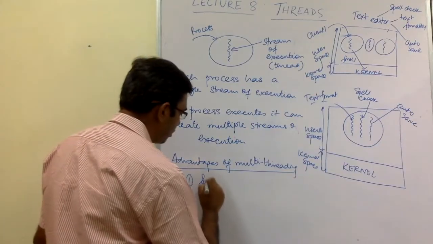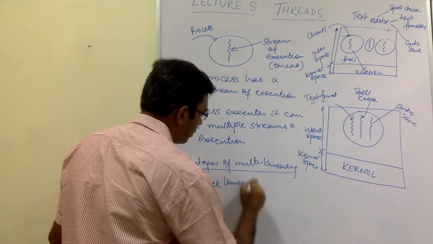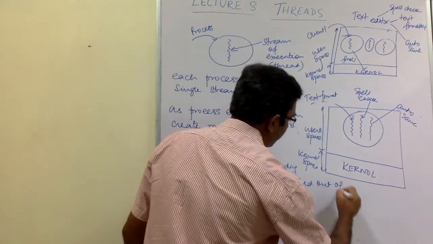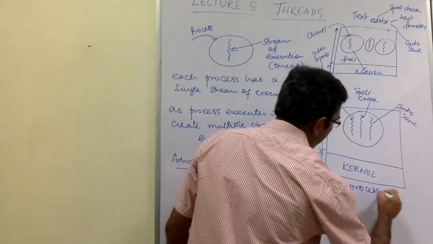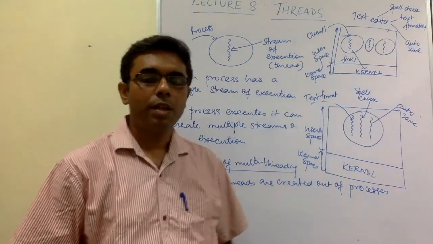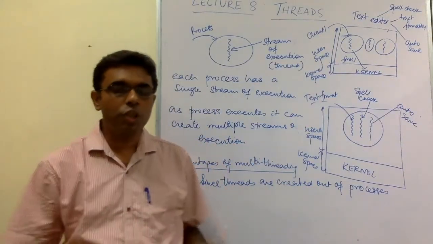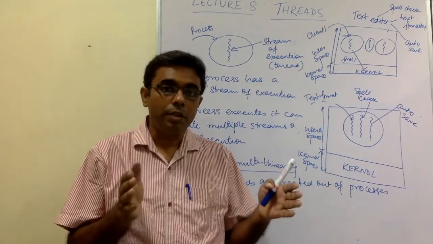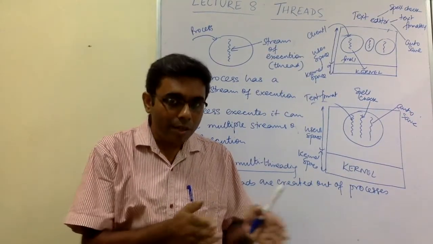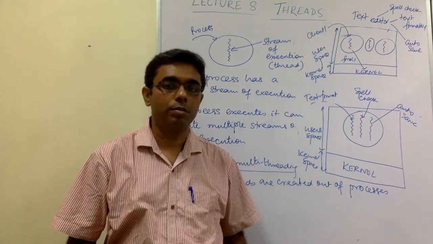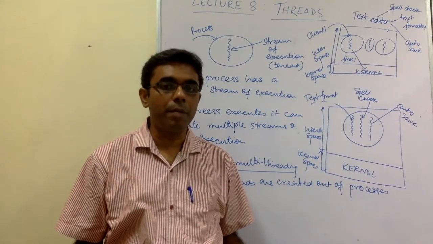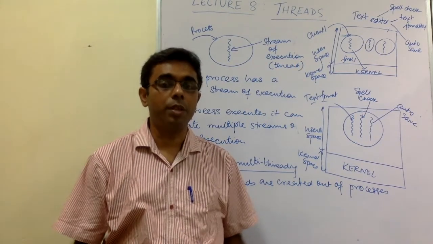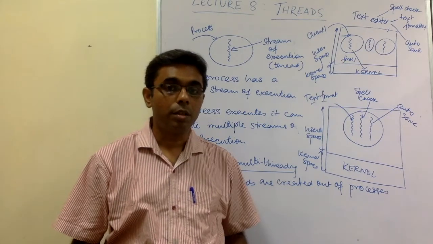Since threads are created out of processes, it obviously means that all threads share the same memory image of the process. That means they lie within the same address range allocated to a particular process. You don't have any separate memory image for each of the threads, which means no additional space is required for these threads. That's the first advantage.